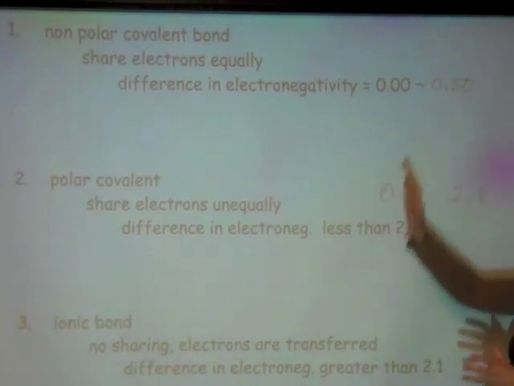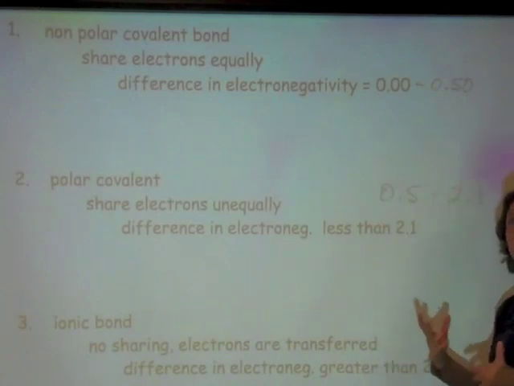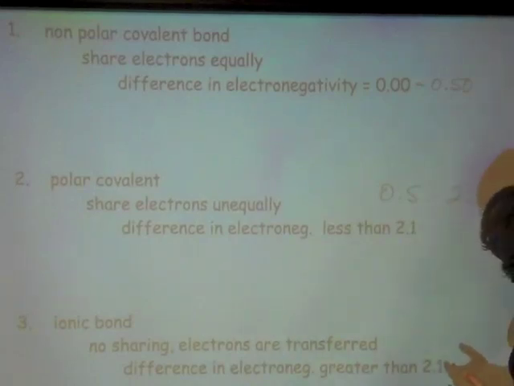For instance, 0.5. What do we call it? Non-polar? Polar? What if something is a 2.1? Well, is it ionic? Is it covalent? Can we absolutely make the determination at 2.1? So tomorrow, you guys, we will address those things.